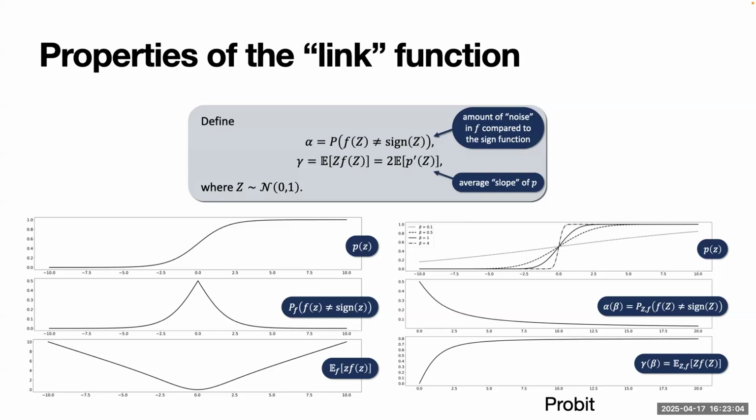If p(z) is something like this, we can plot the probability that f(z) is not equal to sign z. We plotted it for the probit regression, or I think this is for the logistic regression. Both of them look more or less similar. This is the probability that f(z) is not equal to sign z, but then we take the expectation of this, a Gaussian integral of this thing. That's going to give us alpha, and this is the slope.